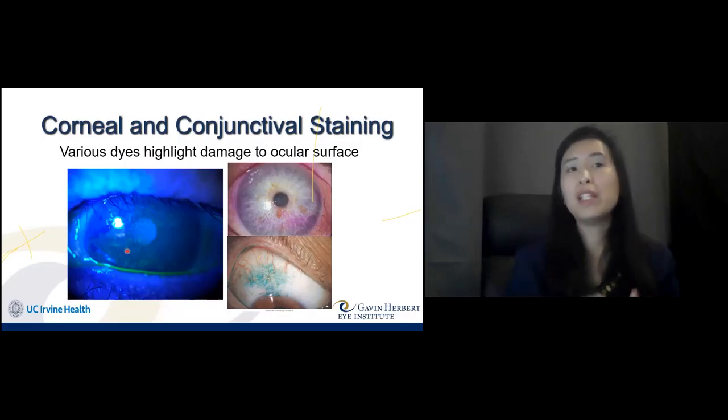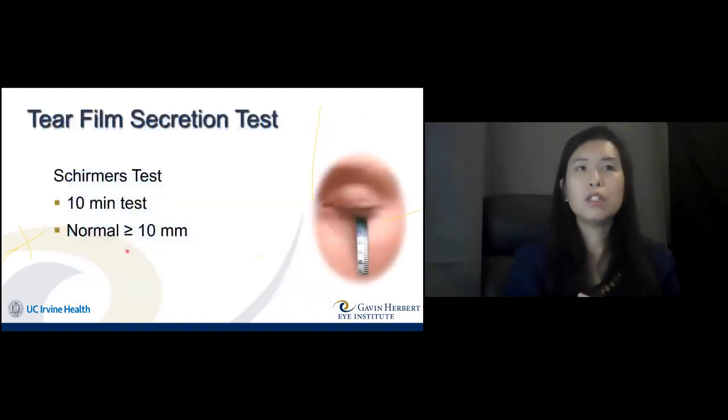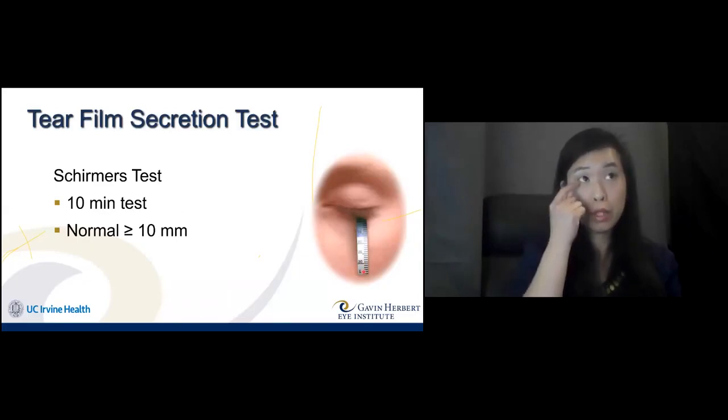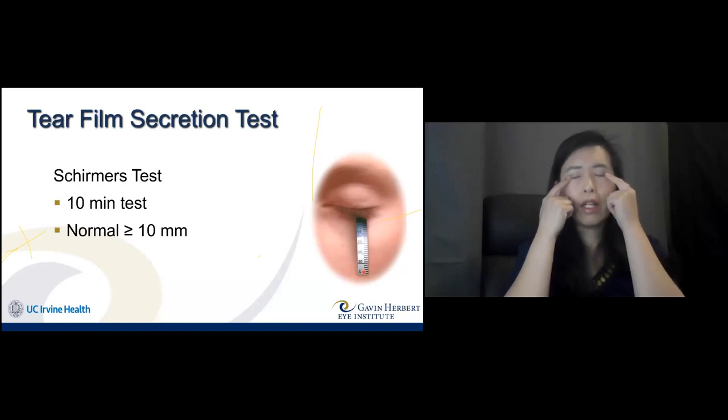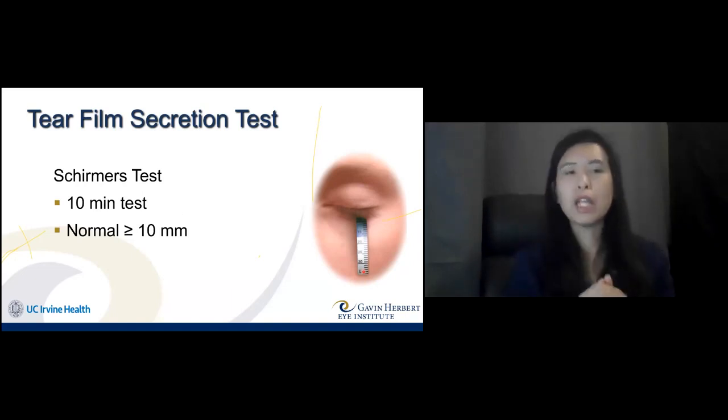Okay, so I've showed you basically what are the things we look at to diagnose dry eye. There are some other tests that we don't always do, and I'll show some of those to you too. So this is a tear film secretion test. It's called a Schirmer's test, and we just take a little strip of paper and we put it right in the corner of the eye and ask the patient to close their eyes, and the little strip of paper stays there, and we just leave the patient alone for 10 minutes.